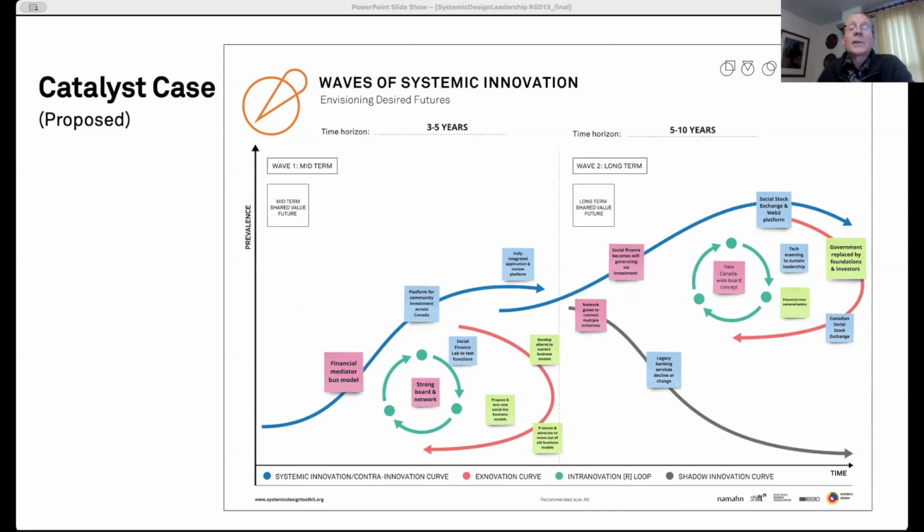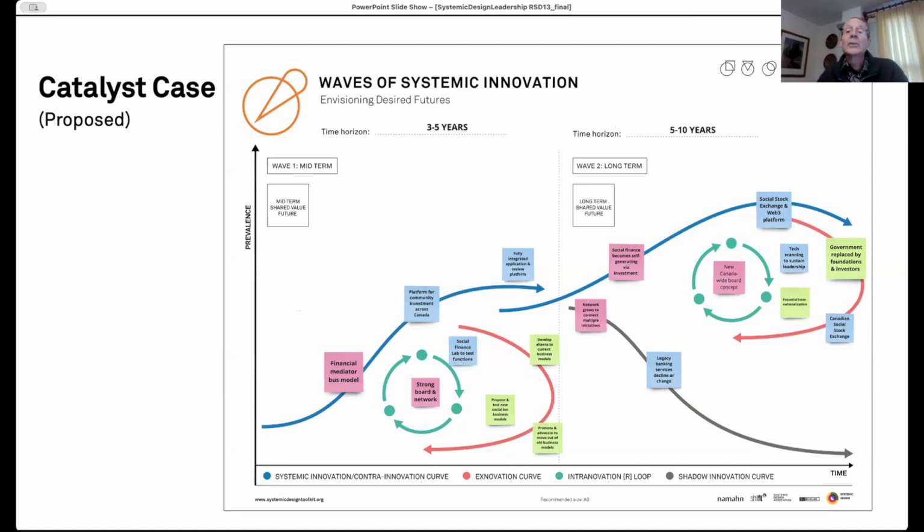And then this second wave starts to pick up from the existing platform at some point. And so this is also dependent on strategy. It's like, how long should this take? And so the social finance can become more self-generating through more and more investment. It builds on itself.